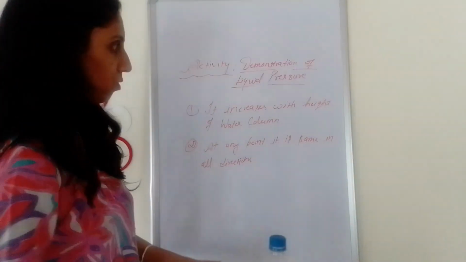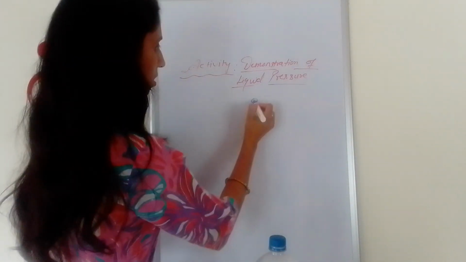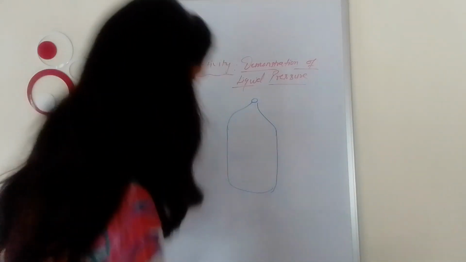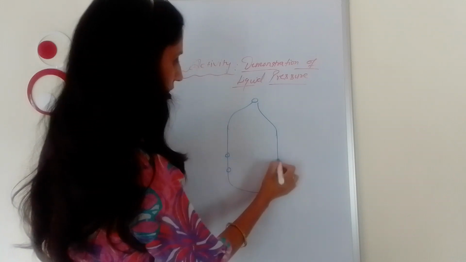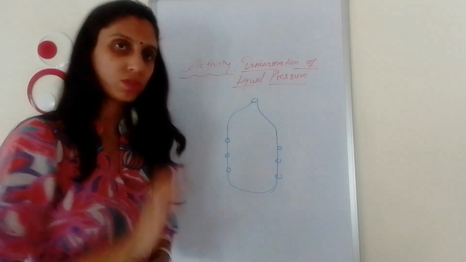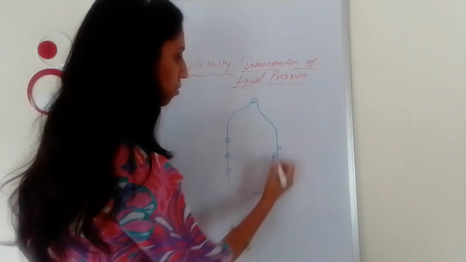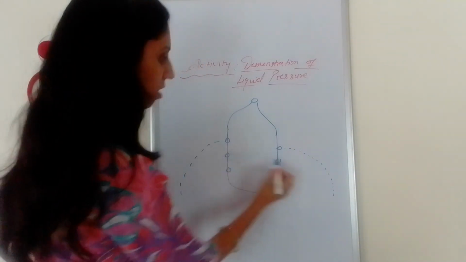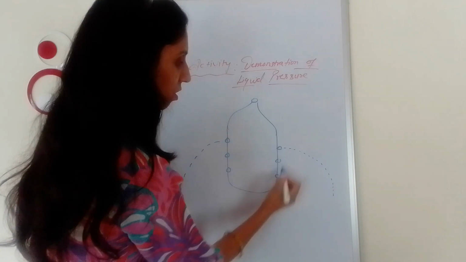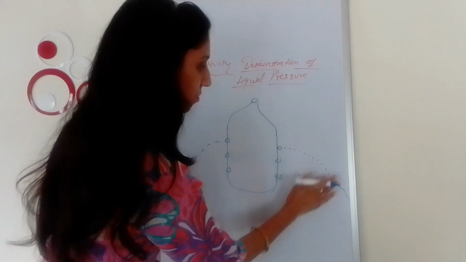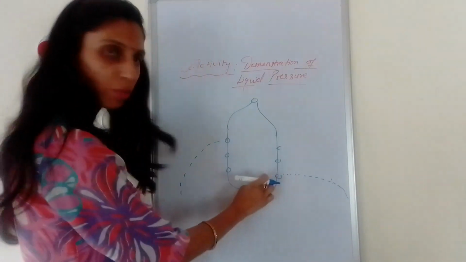You will observe, for example, here is the bottle, and from the first level, second level, and third level, water will ooze out from the holes. Here the water will go to the distant position because the pressure is more at the bottom.